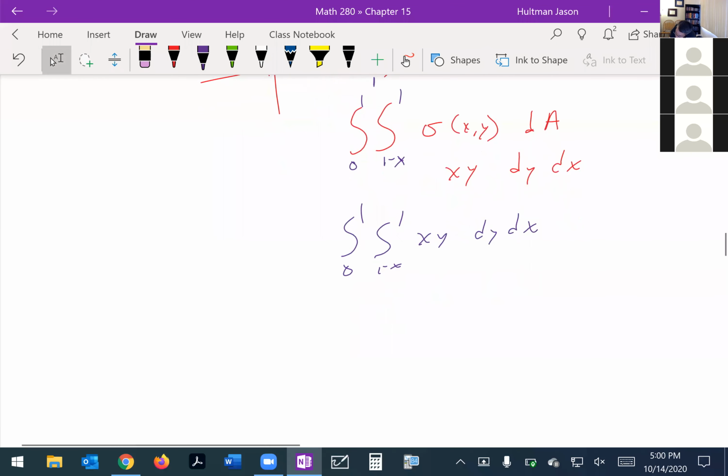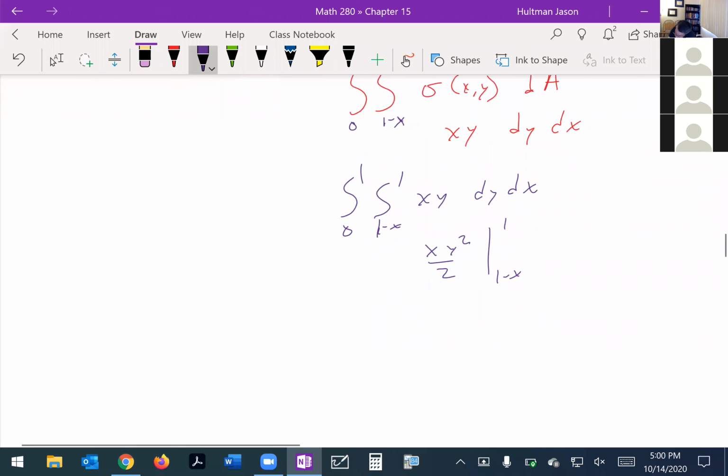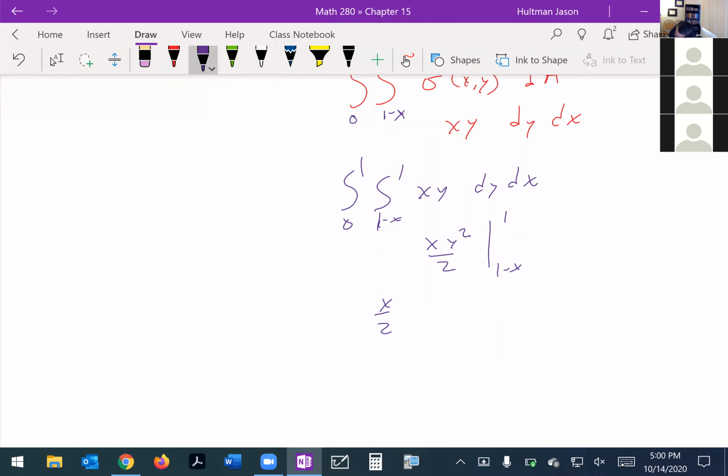So integrate first with respect to y. This becomes xy squared over 2 from 1 minus x to 1. So this becomes x over 2 minus x times (1 minus x) squared over 2, which is x over 2 minus x over 2 times (1 minus 2x plus x squared).